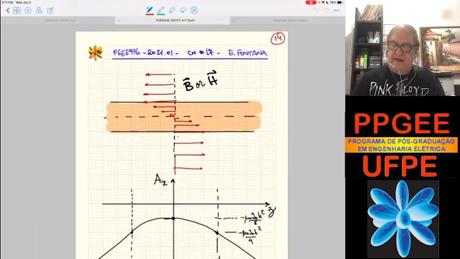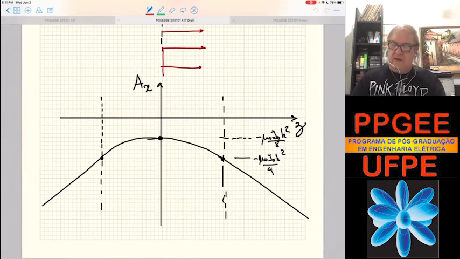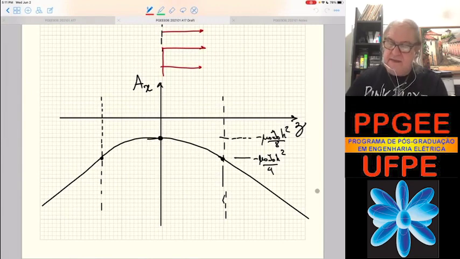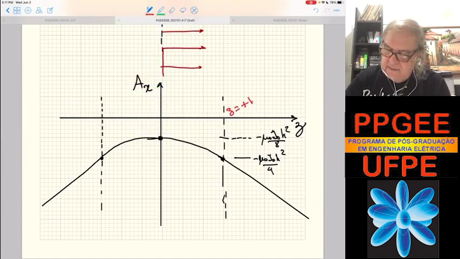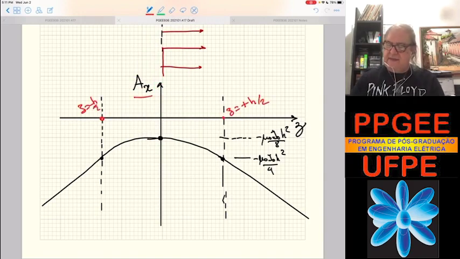If you look at the A function, that's how it looks. It's a quadratic function in the region. This is plus h over 2, and here is z equals minus h over 2. This is a plot of A_x versus z.